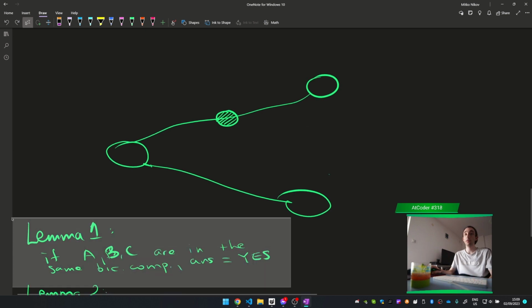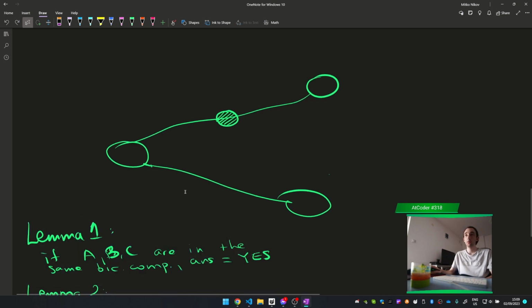This is the only case where we have the answer. A and C, what if they're connected? If they're connected, it doesn't really matter. They will be connected always, but if there's a simple path thing.